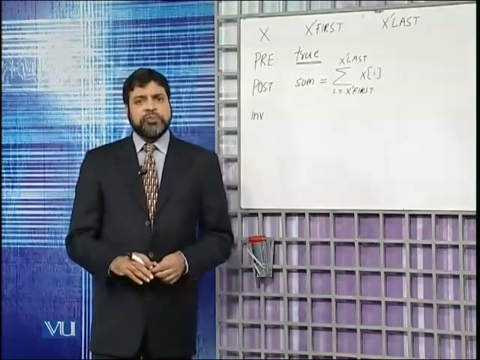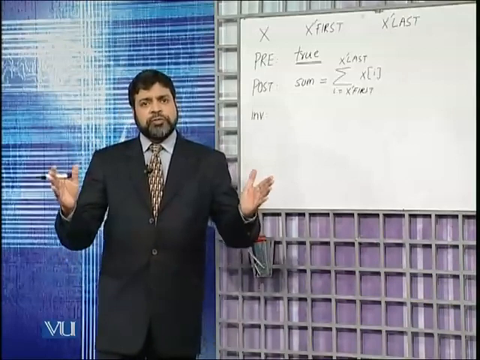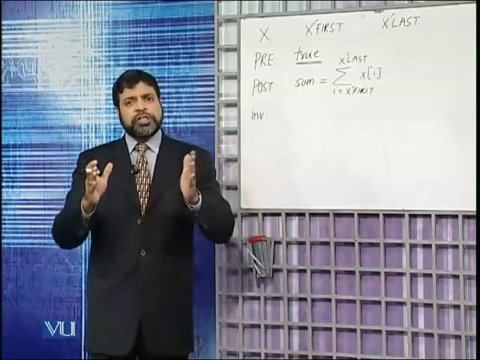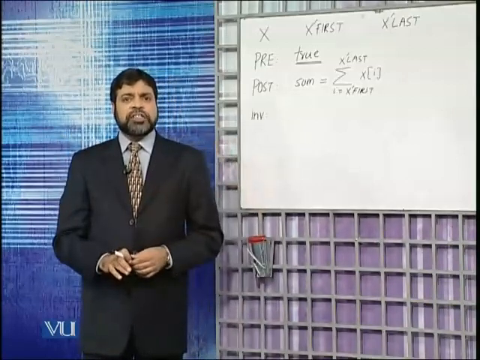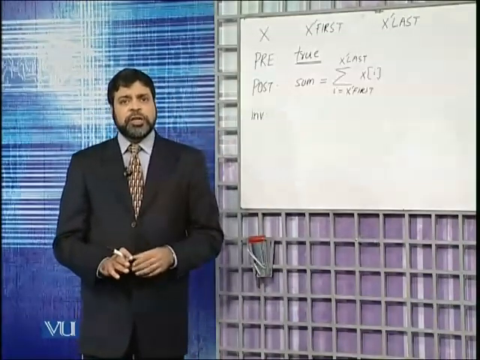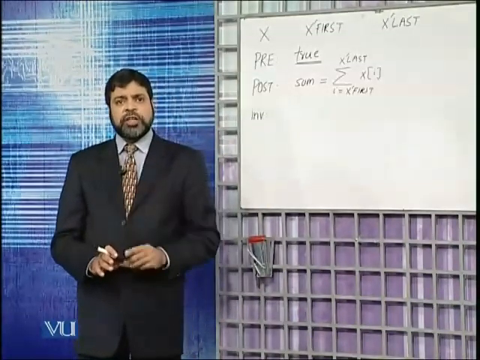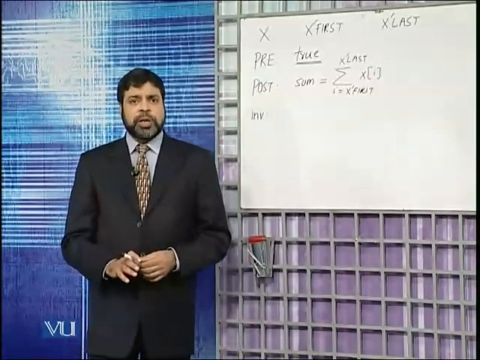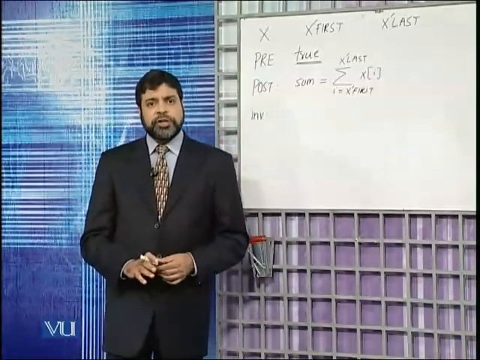And that loop invariant is, we go from the first to the ith index, and we have the sum of all these elements starting from the first to the ith index in this variable sum. So that is our loop invariant.